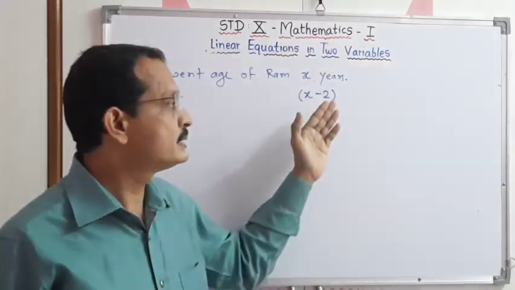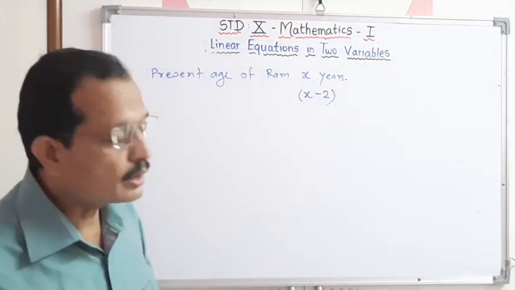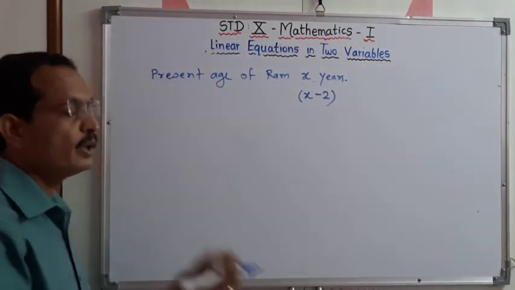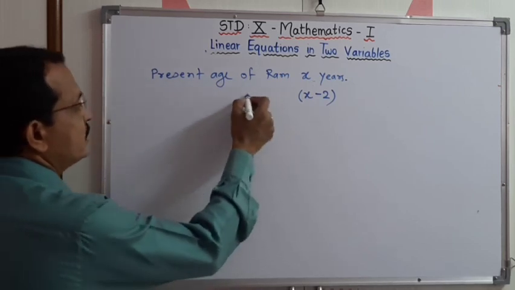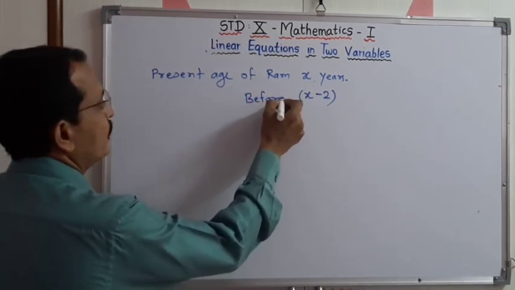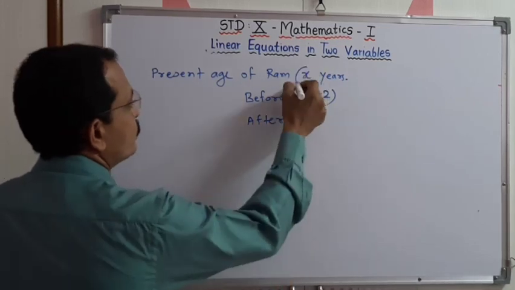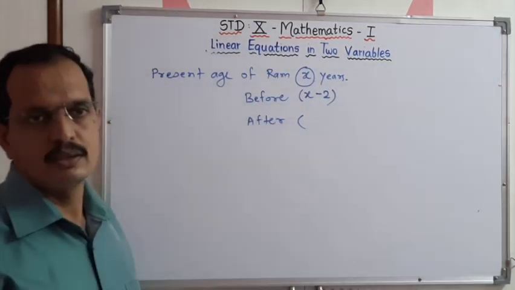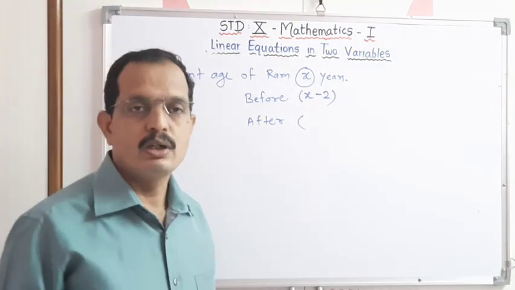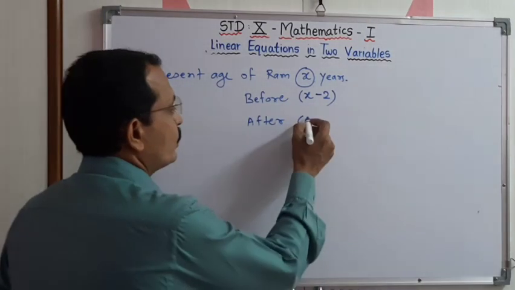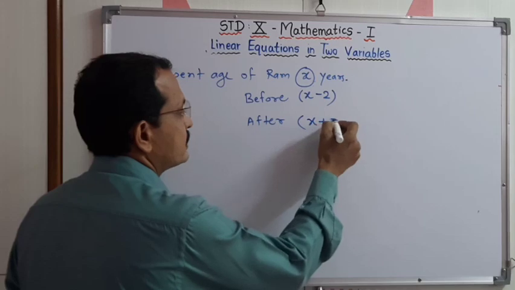There is another term, that is after. This is for before, and for after, suppose today's age is x and we have to find the age after 7 years, then we write x plus 7.